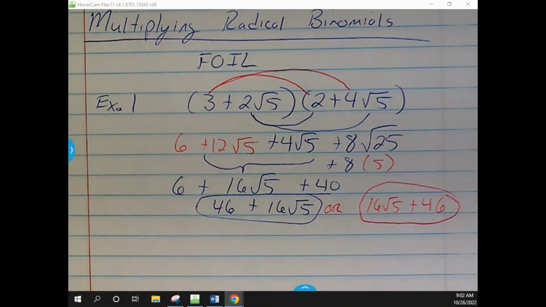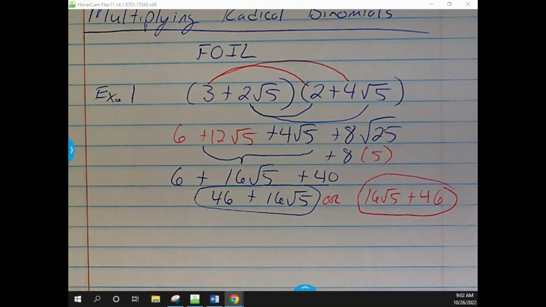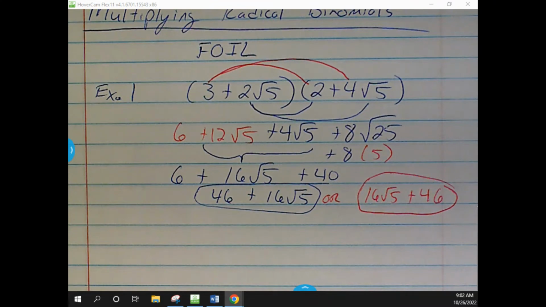All right, so either one of those works. There is no standard form for these, so whether you put this or this, it does not matter because either answer is correct.